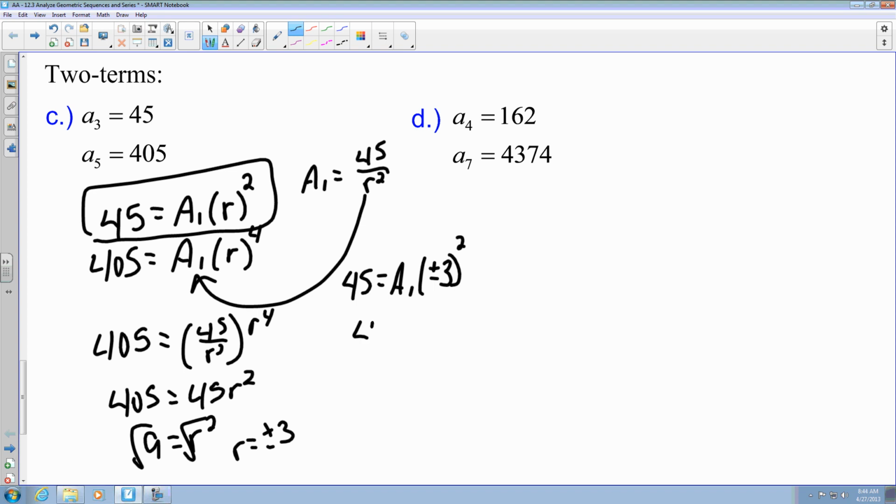So I get 45 equals a sub 1 times 9, I'm sorry. So if I divide both sides by 9, a sub 1 here is going to equal 5. So then my general equation is going to be a sub n equals 5 times plus or minus 3 to the n minus 1 power.